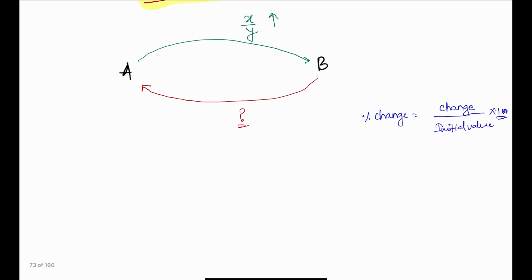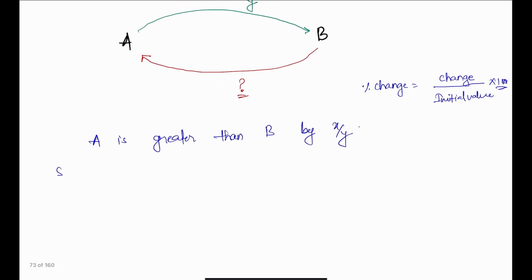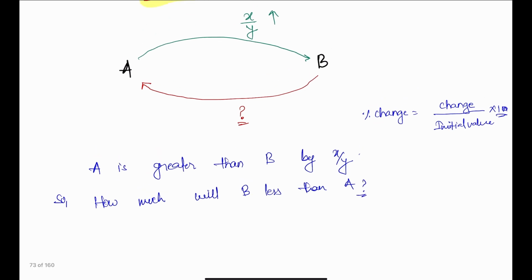So if someone said that A is greater than B by x by y, how much will B be less than A? A normal thing we can think of is that A is x by y more, so how much will it be?